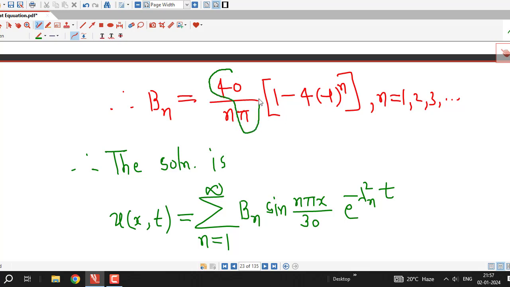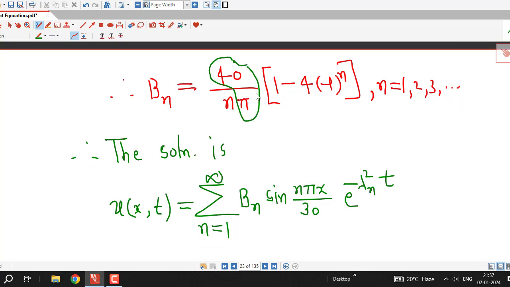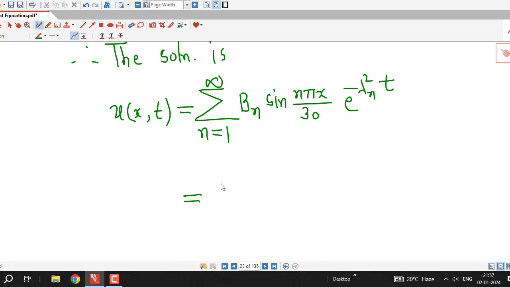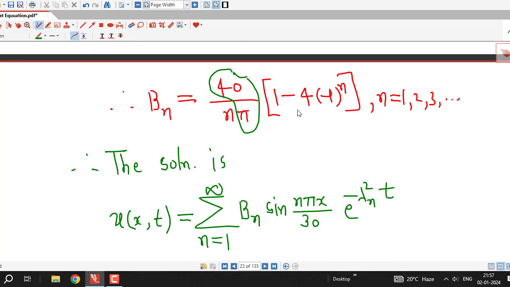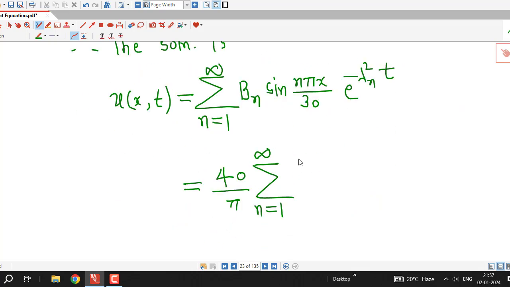Now this 40 over pi is independent of n, so that I directly write outside the summation. 40 over pi sigma n equal to 1 to infinity, and here 1 minus 4 times minus 1 raised to n divided by n, sine of n pi x over 30.